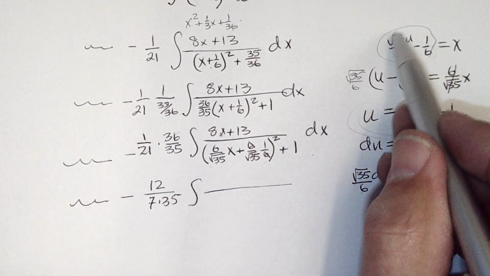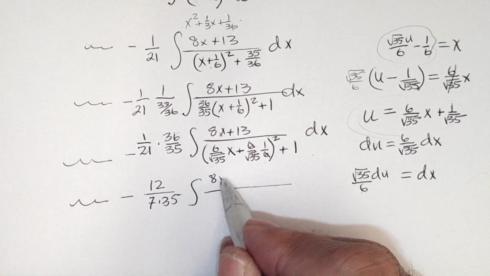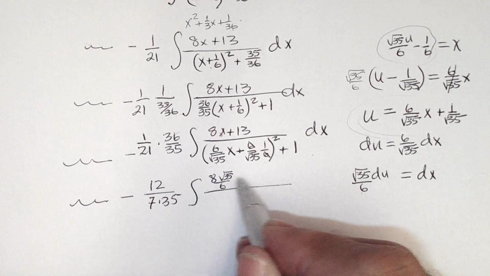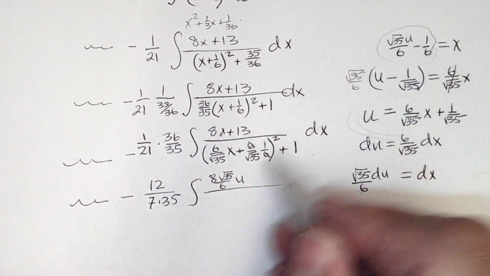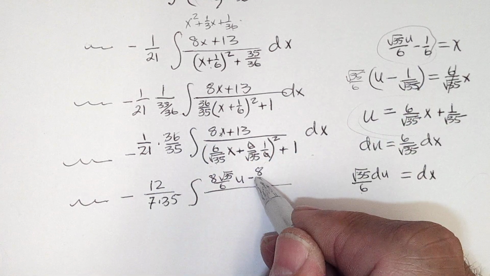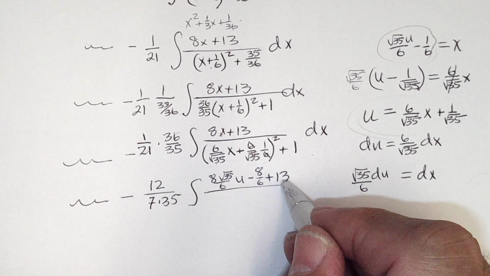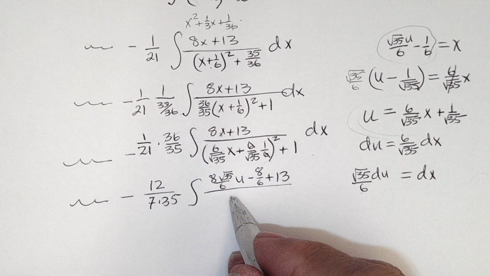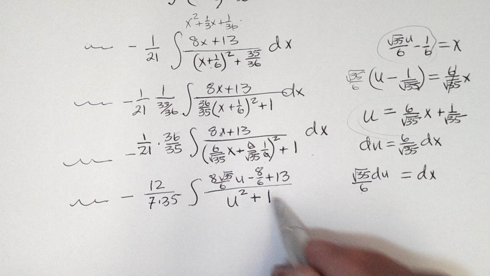So I have 8 times that. 8 square root 35 over 6 u minus 8 over 6 plus 13 over u squared plus 1.